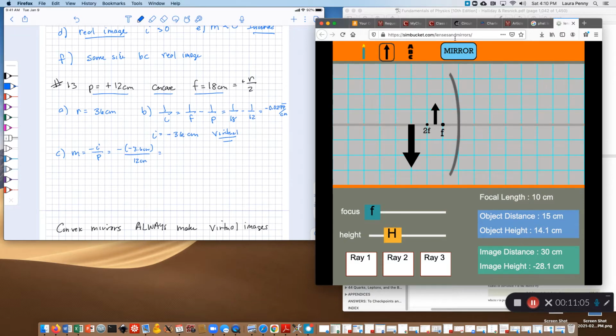My calculator knows more than I do, as usual. 36. So this ends up being a magnification of 3, a positive 3. So this is not inverted. This is upright. It's a positive magnification, and it's larger, 3 times larger.